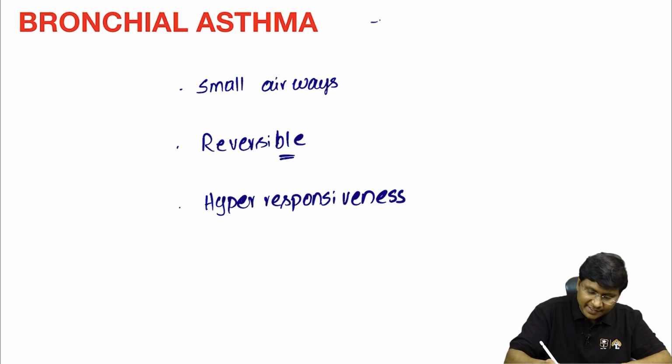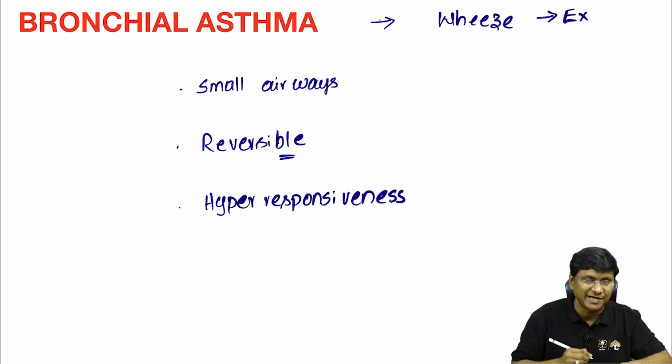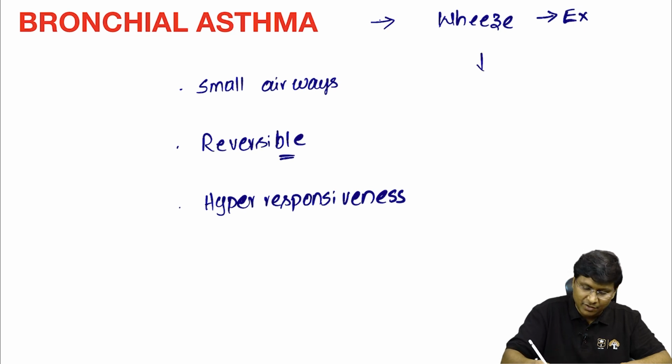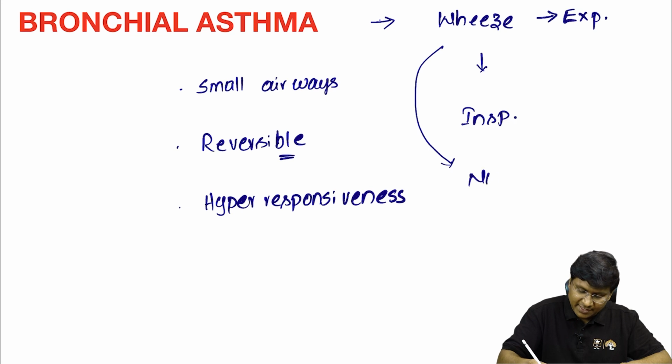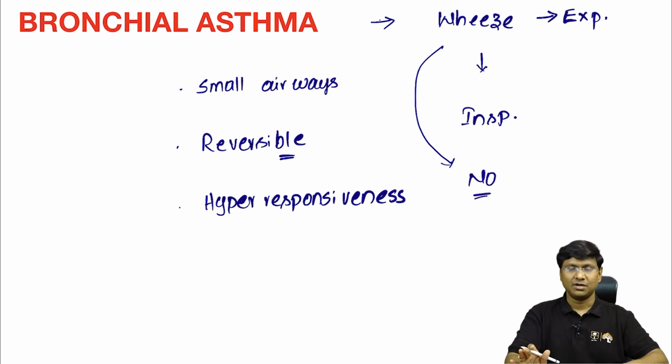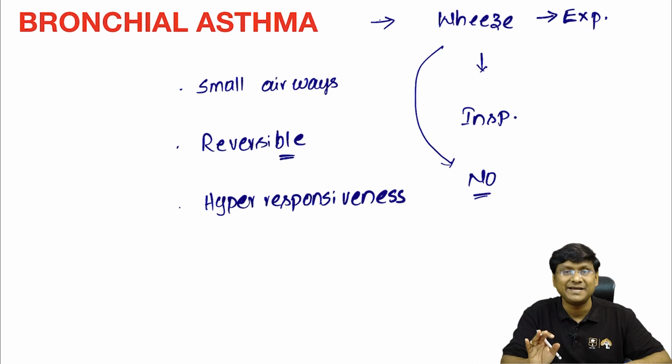The characteristic feature in bronchial asthma is the presence of wheeze, mainly during expiration. But as the severity increases, this expiratory wheeze slowly becomes audible even during inspiration. At one point in patients with bronchial asthma, there is no wheeze at all, where the chest is completely silent.